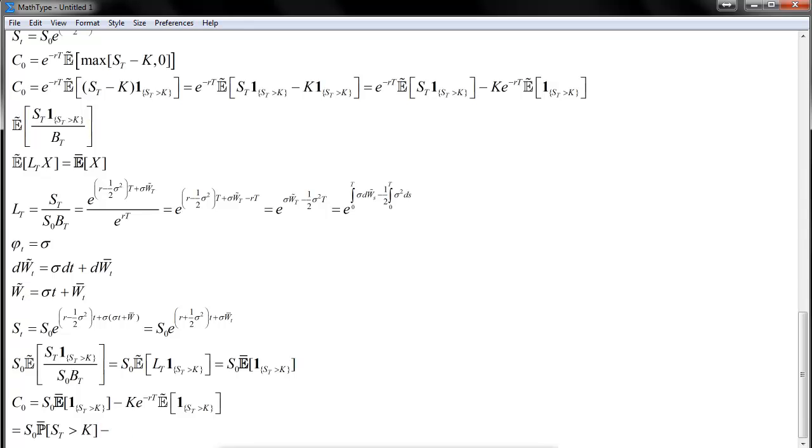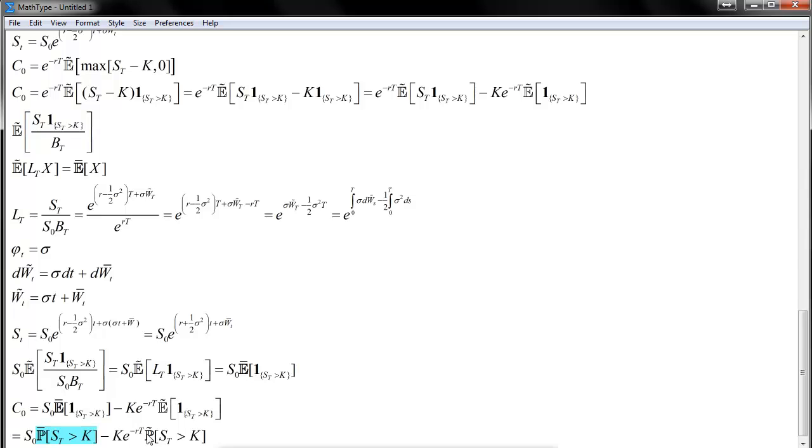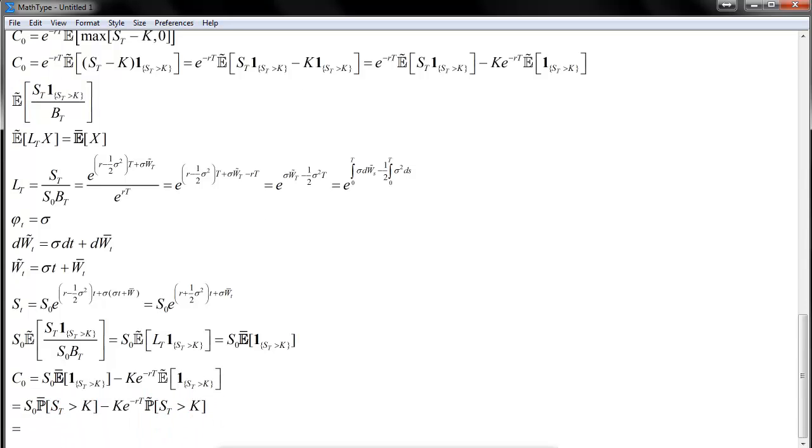And likewise, we have the probability under this measure that S_T is greater than K. Okay, so let's say I denote this one J1 and this one J2, so this is equal to S0 times J1 minus K times J2.